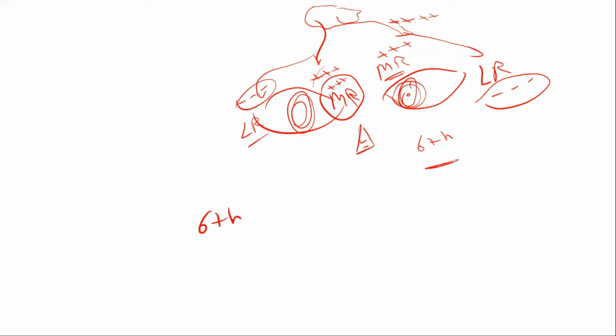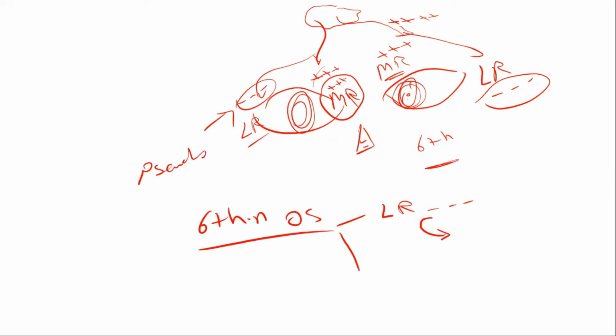So if we have a 6th nerve palsy, OS, we have lateral rectus underaction in the affected eye and also in the contralateral normal eye, but this is called pseudo inhibitory palsy. It's not a true palsy.